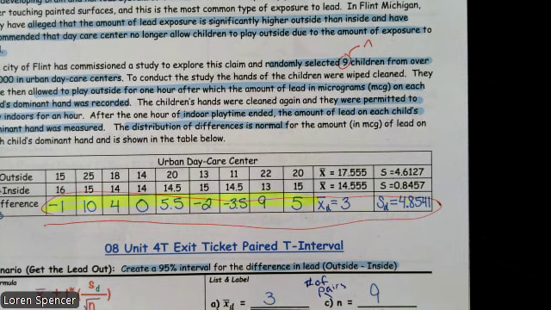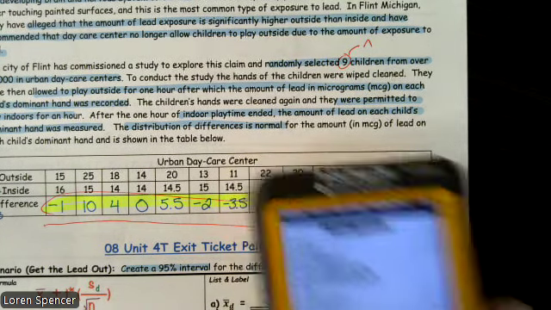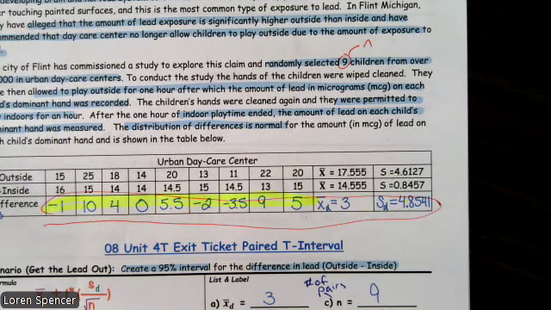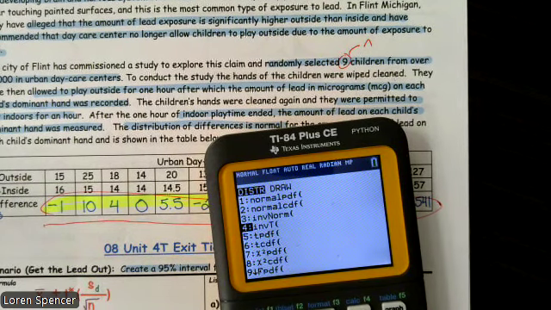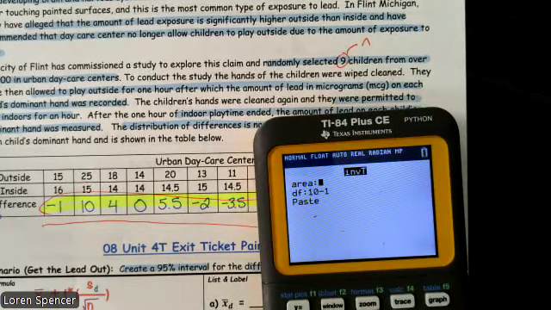To calculate t star, which we don't have, we now have the sample mean and the sample standard deviation. To do that, we're going to have to go second vars, inverse T, and we're doing a 95%. So parenthesis 1 minus 0.95, close parenthesis, divided by 2.